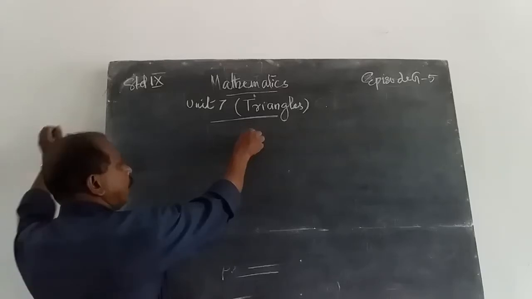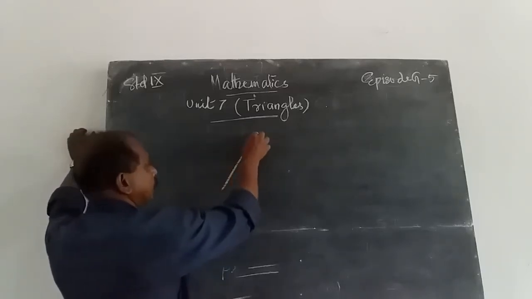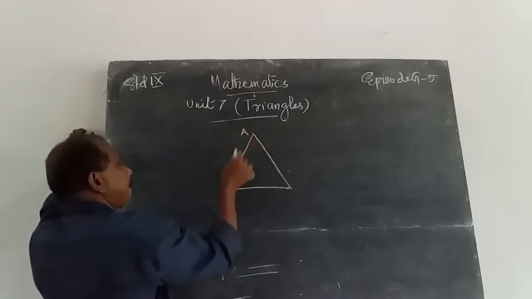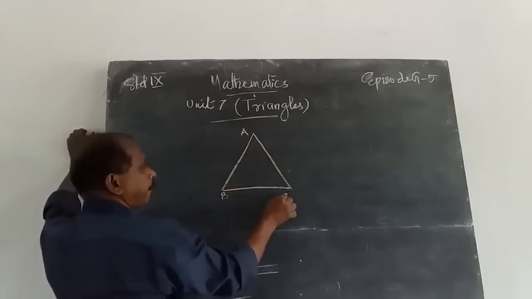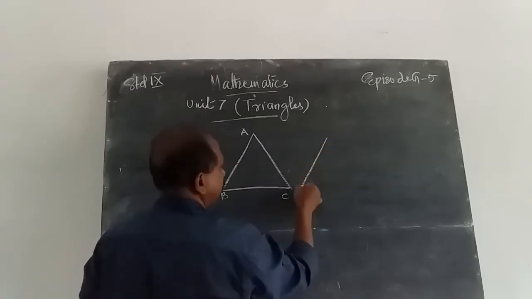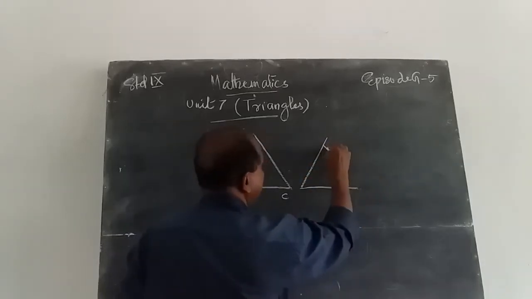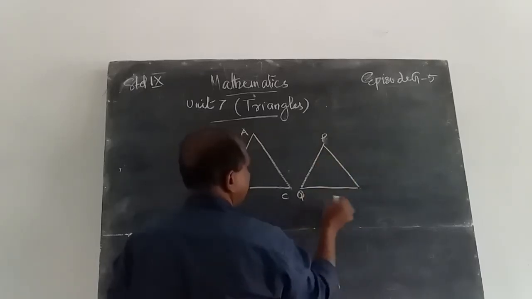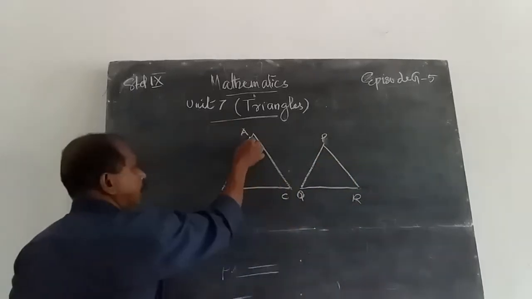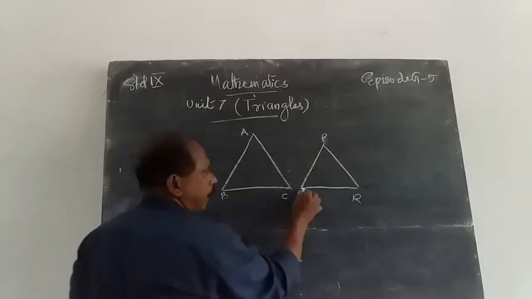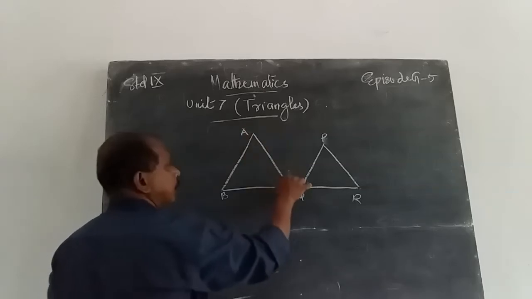Then let us consider two triangles, ABC and another triangle PQR. We know that BC is parallel to QR and AC is parallel to PR.